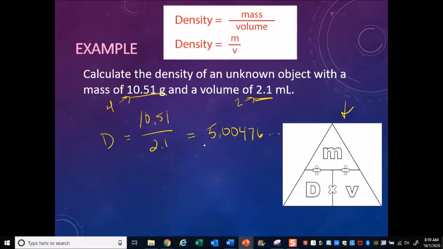Now, the way to round those is you start from the left. You keep the 5, you look to the 0 here. Now, to the right of this 0 is another 0. If it is 5 or above, I would round up, but since this is 4 or below, I'm not going to round up. It's just going to end up being 5.0 grams per milliliter.